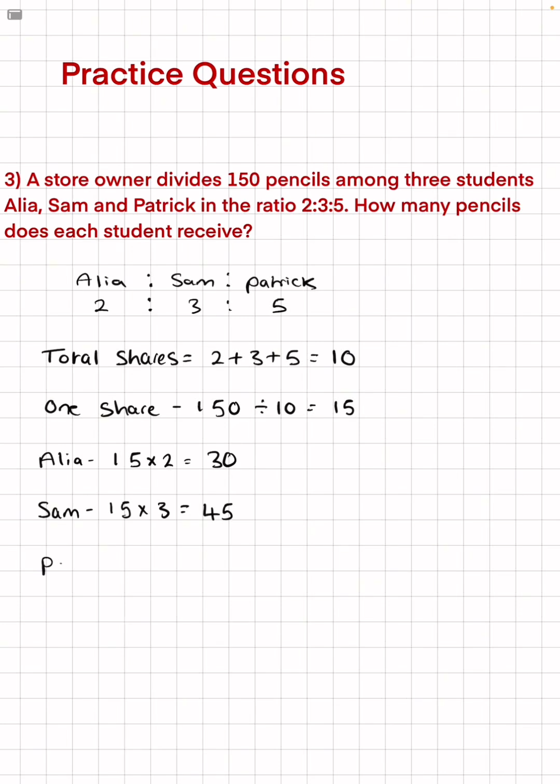And to work out the number of pencils Patrick receives, we can do 15 multiplied by 5, which equals 75 pencils. To check that we have the right answer, we can add these three numbers together and they should total 150.